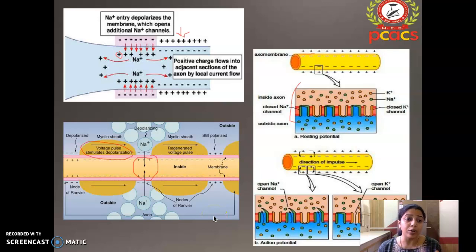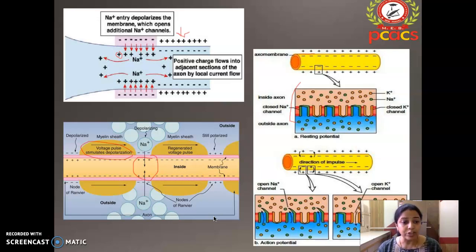Now next is your repolarization part. Once most of the part has become depolarized, or the potential has changed from minus 70 to the positive end, slowly these sodium ion channels will close. Because they are voltage gated channels, when the voltage changes, they sense that and close up. When that closes, what opens up is the sodium potassium pump.